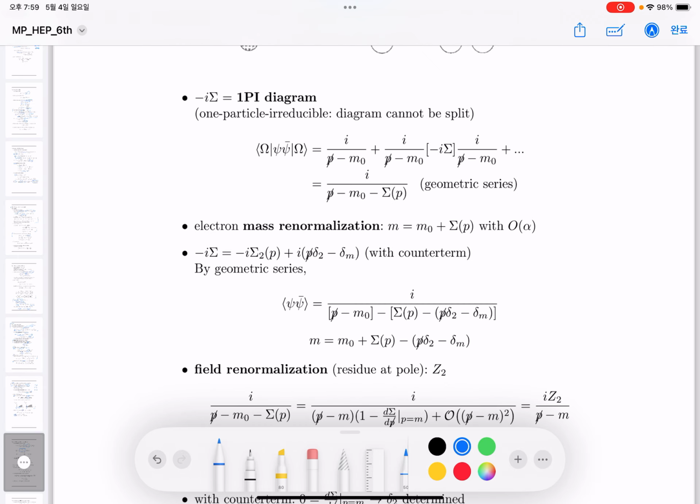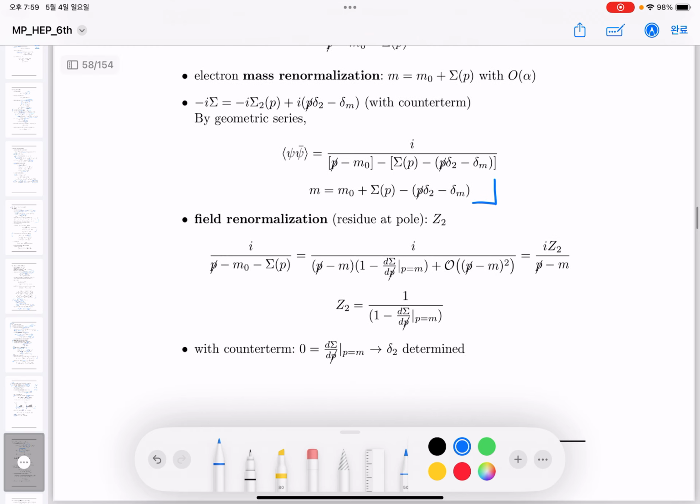So the renormalized mass of the electron is given like that, and here the delta corresponds to the counterterms. Similarly, such a one PI diagram from the electron self energy also gives the field renormalization for the electron field, Z2, as the numerator series coefficient for the fermion propagator.